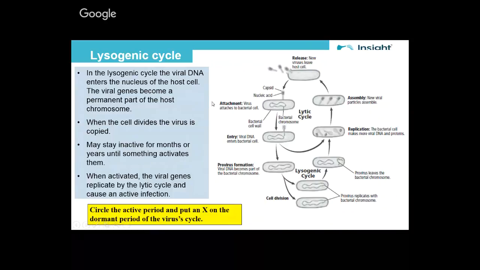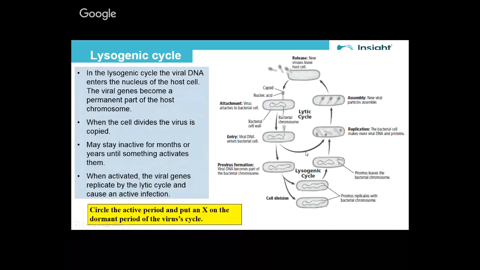And then it attaches, so the virus attaches to the bacterial cell, enters the bacterial cell, drops off its chromosomes, right? It pushes those chromosomes in there, and then it can either hijack the processes in the cell, or it can just become part of the DNA in the cell.